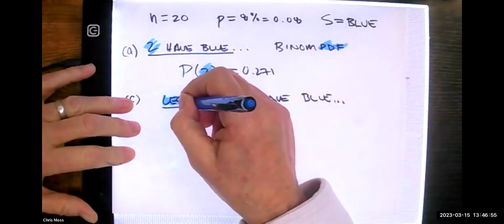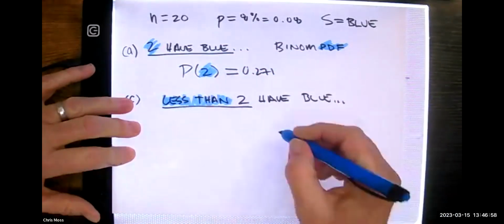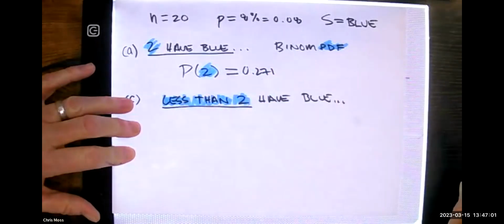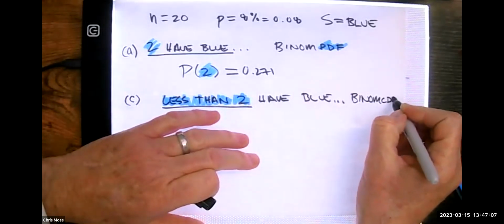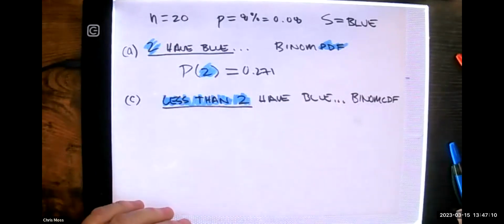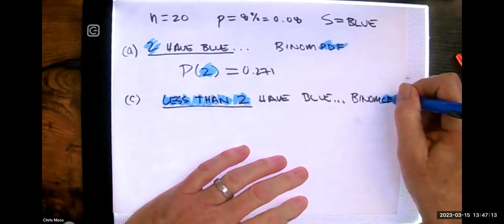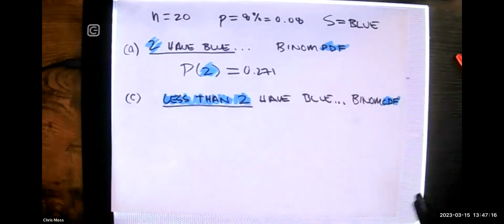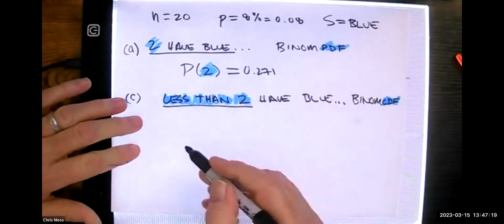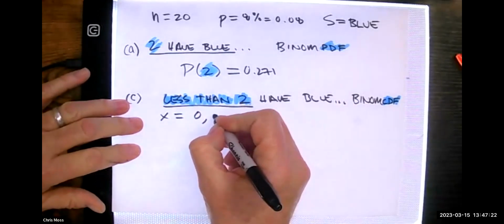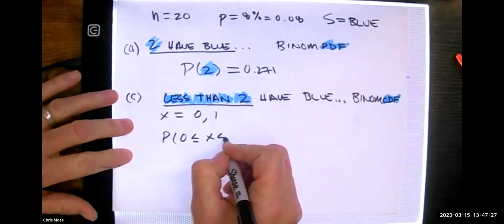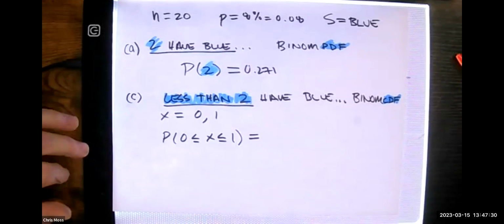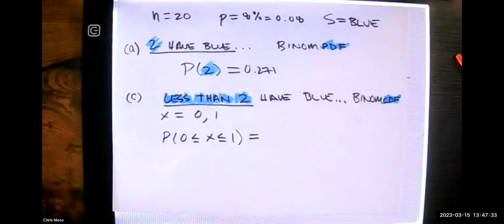So it's the less than 2 that tells me that this time I have the binomial CDF. So less than 2, that means X is equal to either 0 or 1. So we're looking for the probability that 0 less than or equal to X, less than or equal to 1.